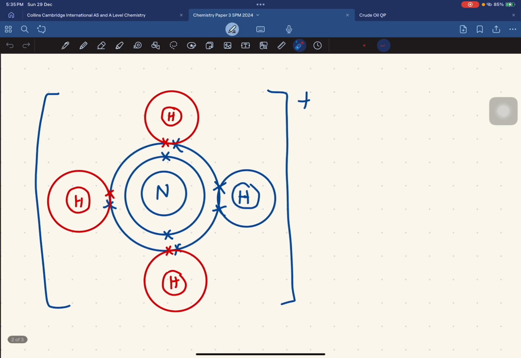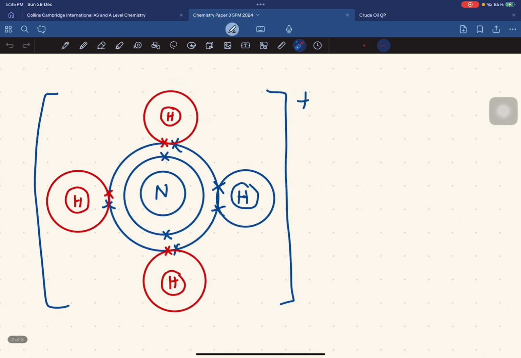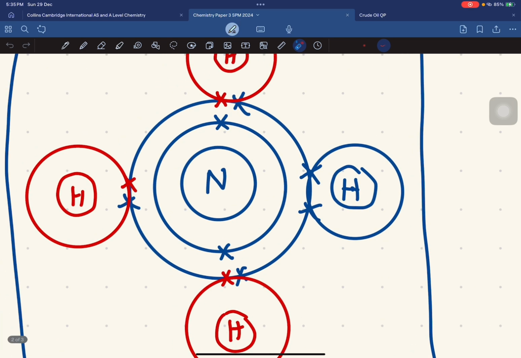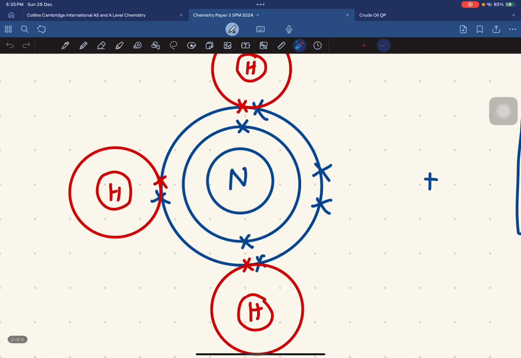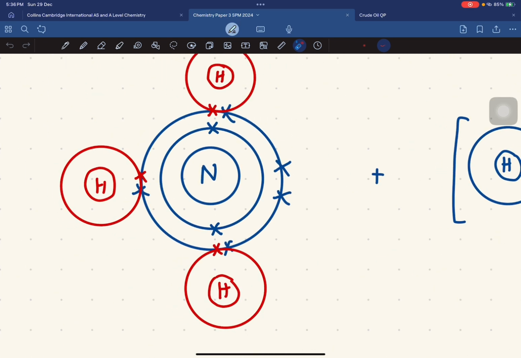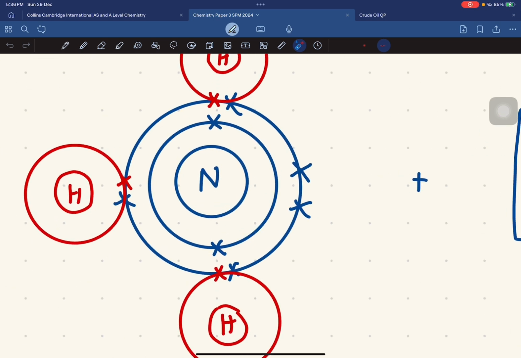Now I'm going to talk about why this ammonium ion is positively charged. You may have guessed it or you may not have, so I'm going to explain it. In this structure, we have the nitrogen atom with 1, 2, 3, 4, 5, 6, 7.